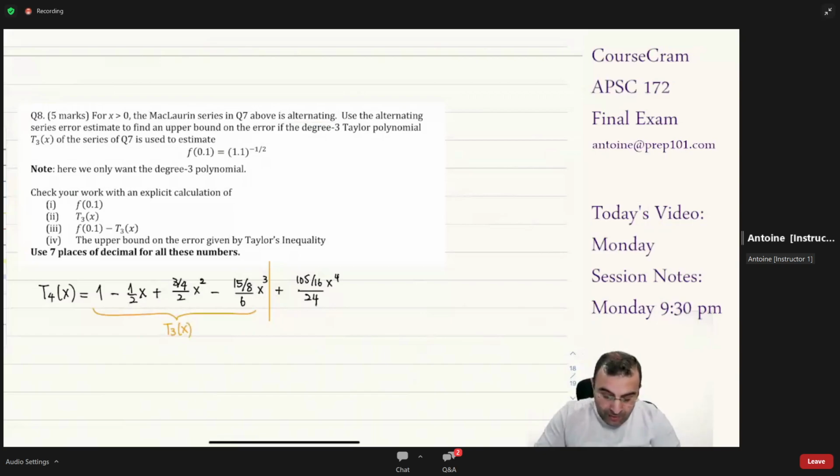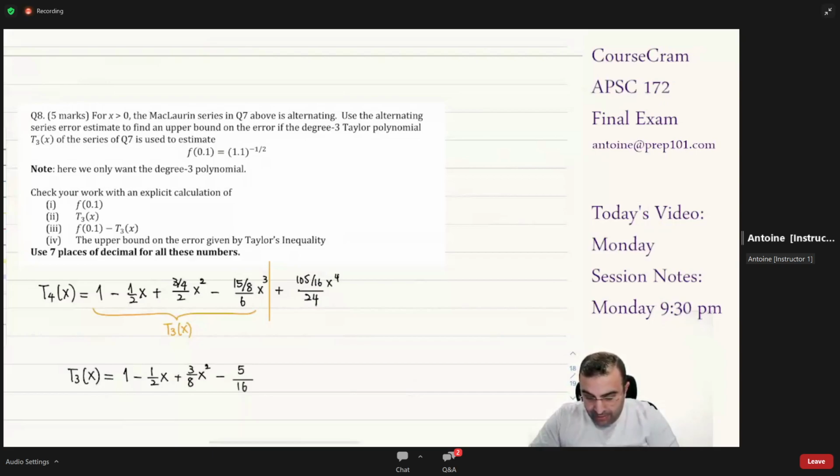So we're saying T3 of x is equal to 1 minus 1/2 x plus 3 over 8 x squared minus 15 over, divide this by 3, that's 5 over 16 x cubed.